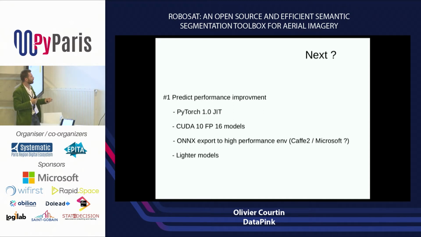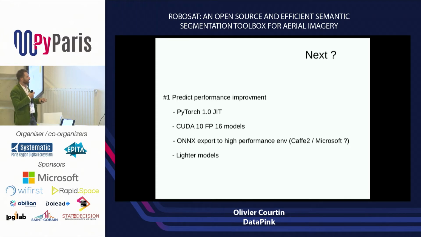So if we focus on the first issue, performance, already in the new coming PyTorch version there is something that could help to improve the performance: the JIT just-in-time compiler conveyed by PyTorch. There is also in the latest CUDA version the ability to reduce the precision of the digits we use inside the weights, so we could save memory footprint.